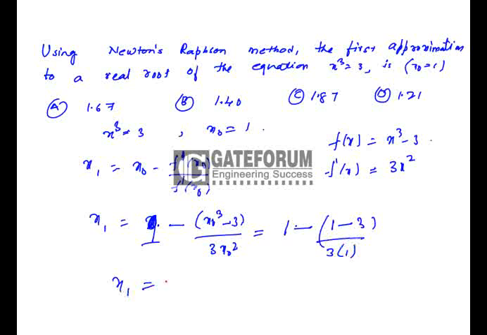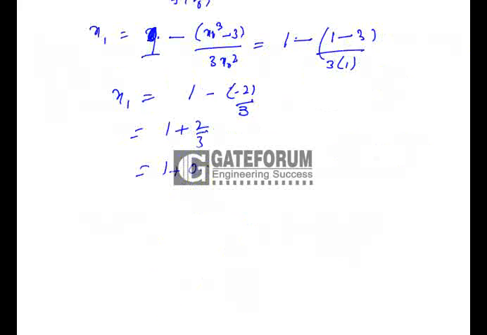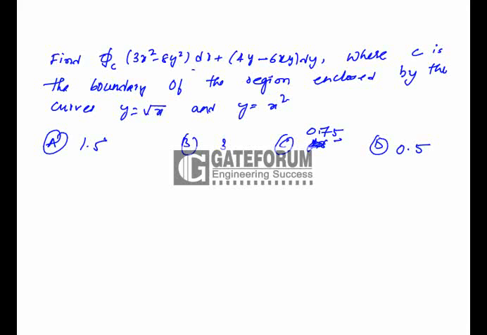This is nothing but 1 minus of minus 2 by 3, which is equal to 1 plus 2 by 3, which is 1 plus 0.666, so on, which is 1.67. So the answer is option A.